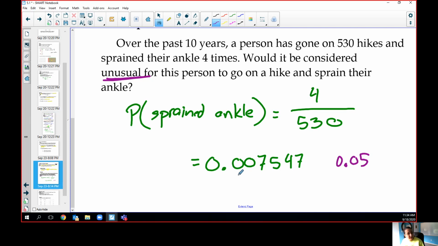Because 0.007 is less than 0.05, we do indeed know that it would be unusual. It would be an unusual occurrence to sprain my ankle on a hike.